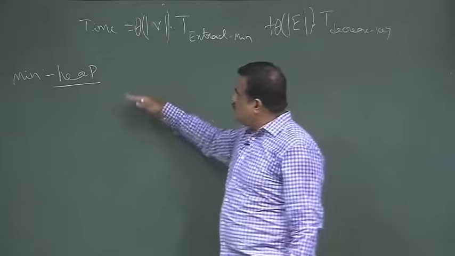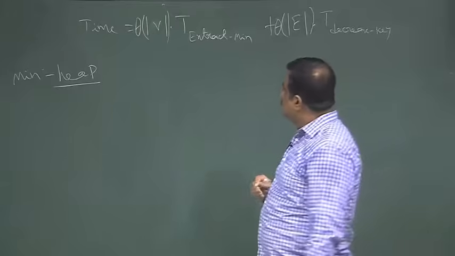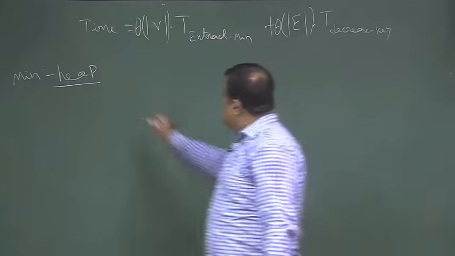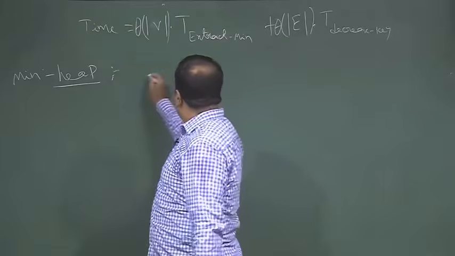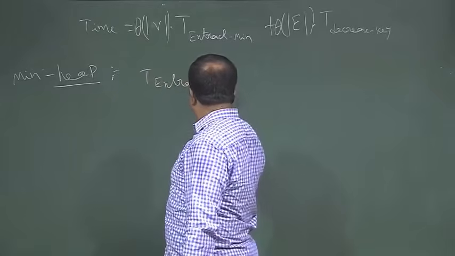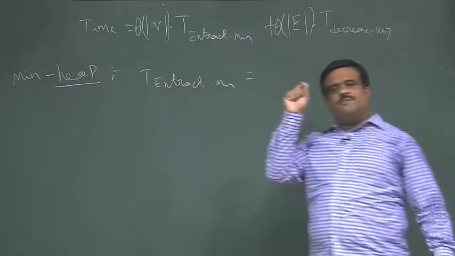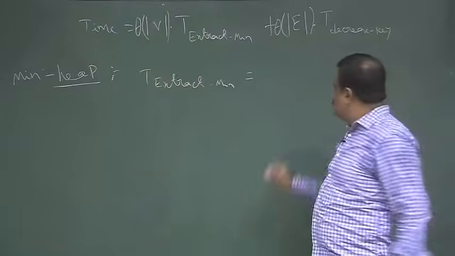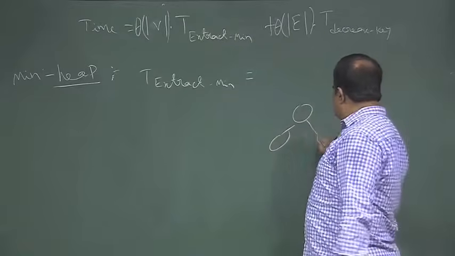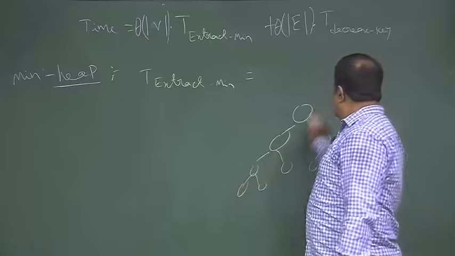So, if we use a heap data structure for this priority queue, min heap particularly, then what is the time for extract min? For a min heap we know the min is in the root, which is the minimum.